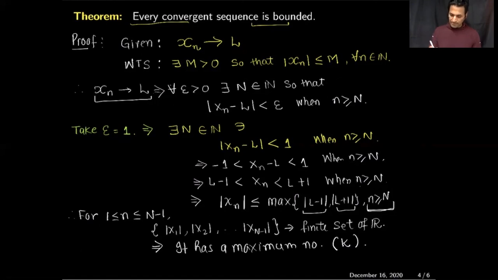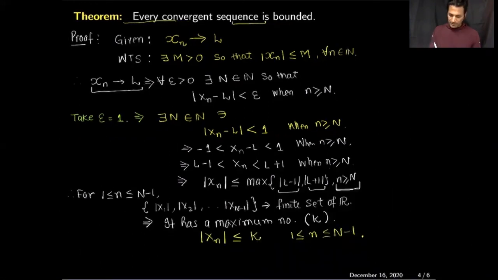If k is the maximum, it means each term of this set, which is |xn|, is less than or equal to that maximum number k, when n lies between 1 and N−1. Actually, this proves that the terms of the sequence from 1 to N−1 are also bounded, and they are bounded by this number k.